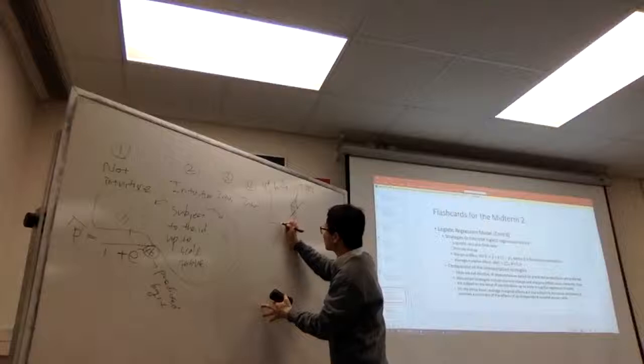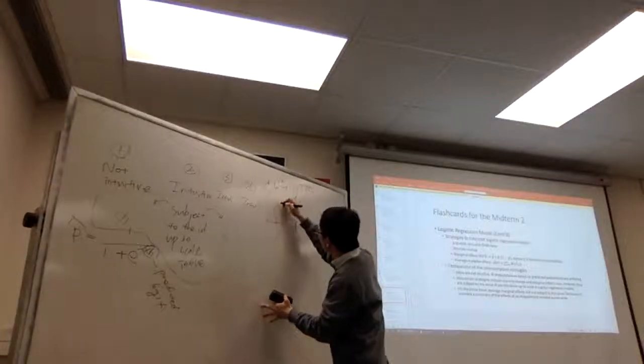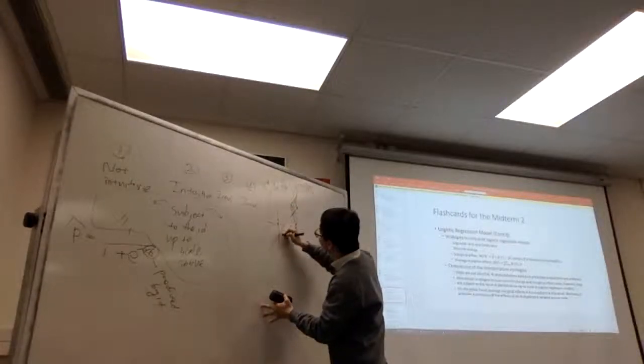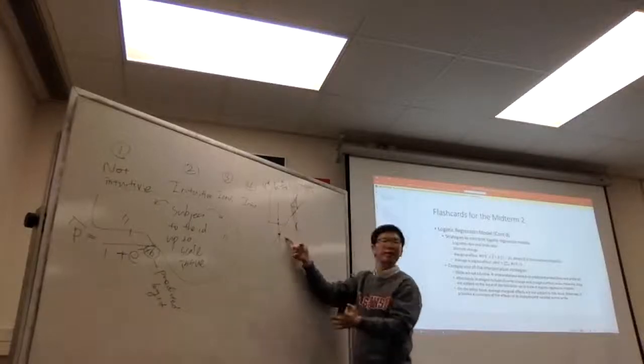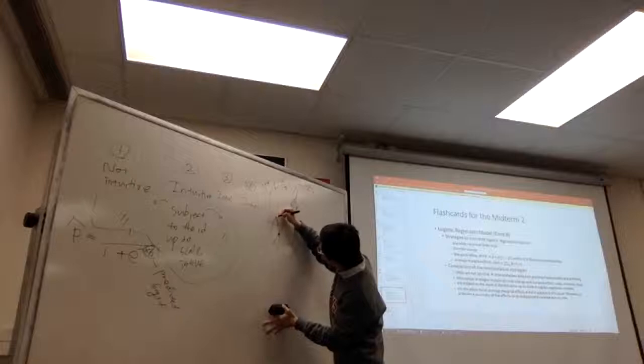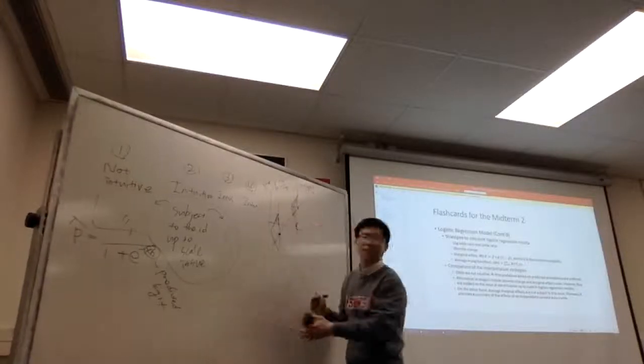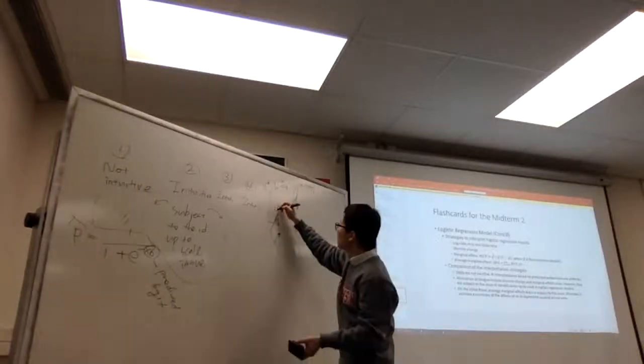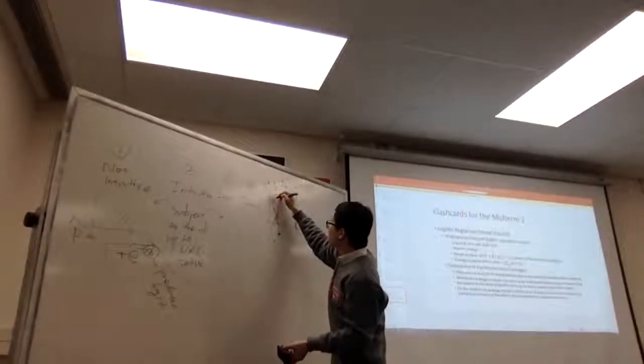And when x is, say, 1, then the predicted value is right there, and the center is right there. And the predicted probability would be 20%.